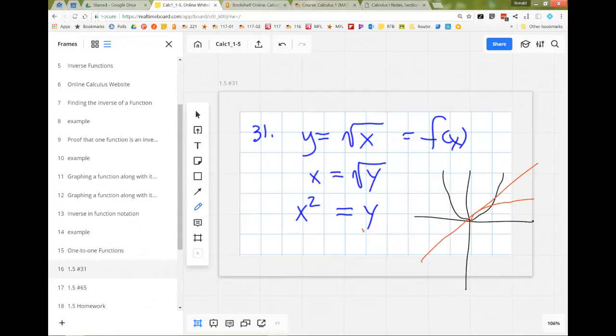I should have written this as f inverse equals x squared. Okay, so for the function f, the domain is all real numbers, because in the black curve over here, it goes forever left and right. The range is 0 and greater.